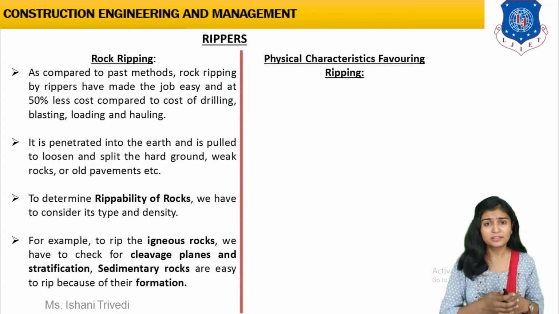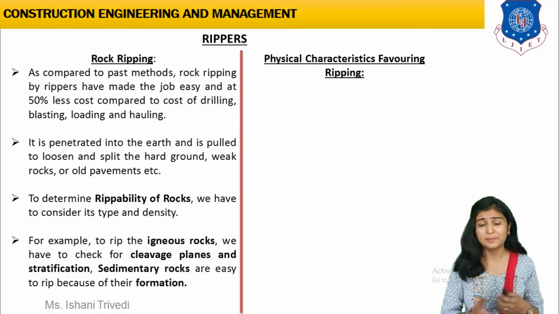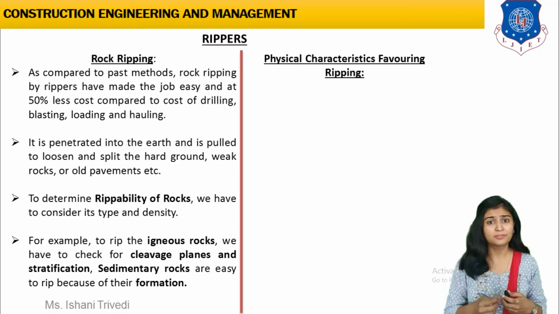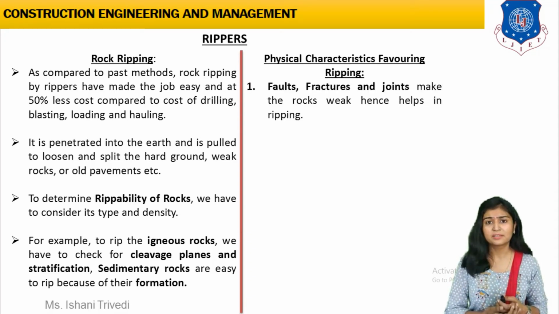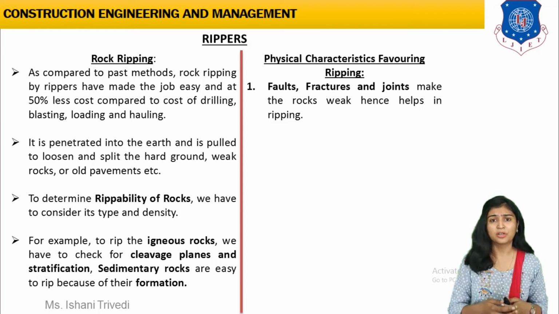I already talked about certain things, that if you are talking about igneous or sedimentary rock, there are certain things which are favorable for the rocks and the soil to rip off. So let us study the technical terms related to the characteristics which help us to rip off the rocks easily.